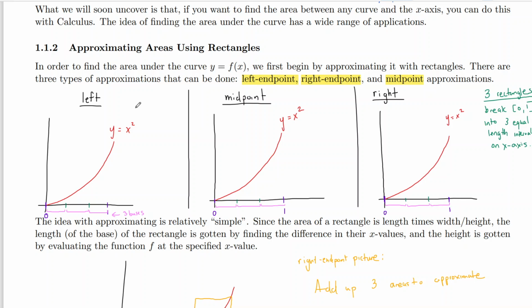All right, so if we wanted to approximate with the left rectangles, the idea is the following. For each of your intervals, so this is interval 1 here, starting from 0 until our first point, we want to take the left x value on our interval on the x-axis.